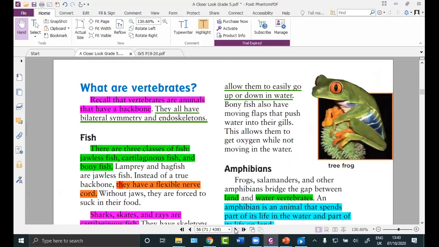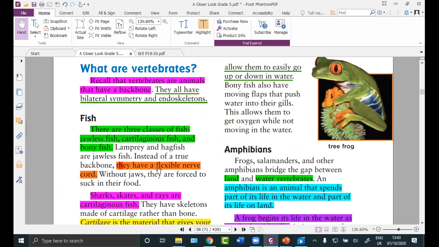What are vertebrates? Who can read? Recall that vertebrates are animals that have a backbone.